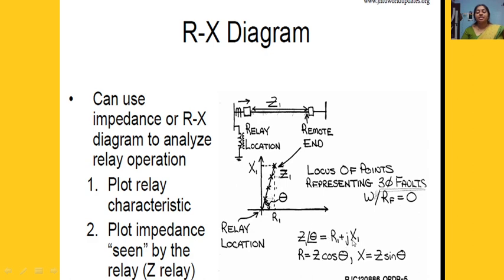This is R plus jX, and this is angle theta. Now this indicates the remote end. This is our relay location and this is our remote end. A fault in between the relay location and the remote end is seen by the relay, and the relay will operate.